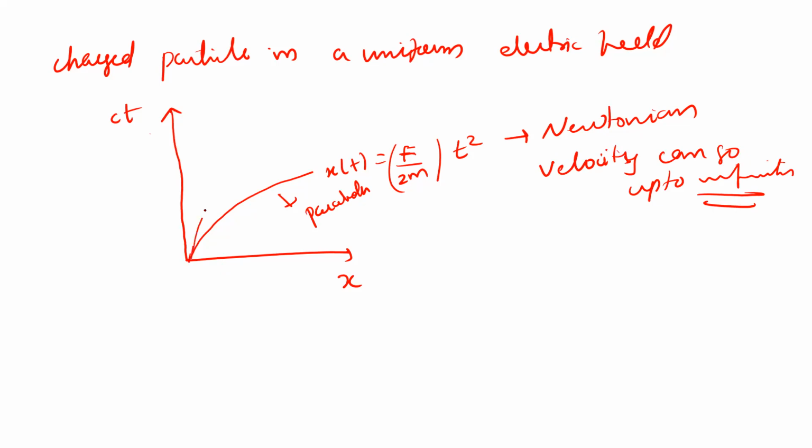It would match, and then it would go something like that. And where does it approach? It approaches the line of 45 degrees. Sorry, this is the parabola, and the hyperbola will be something like this.